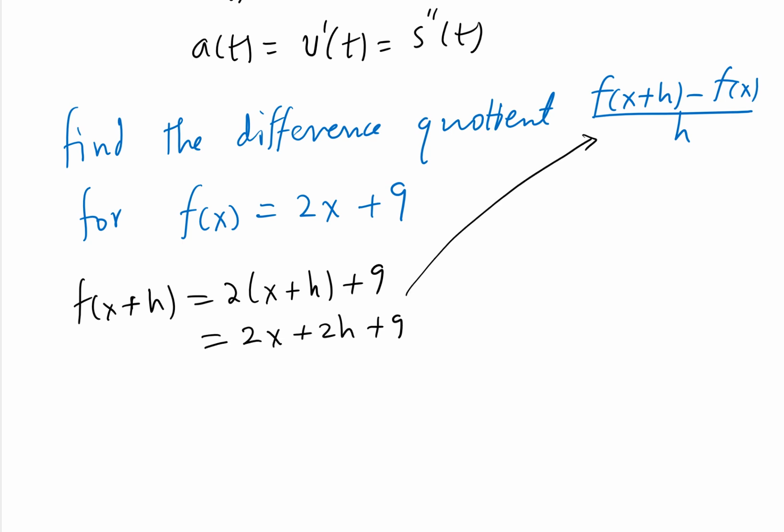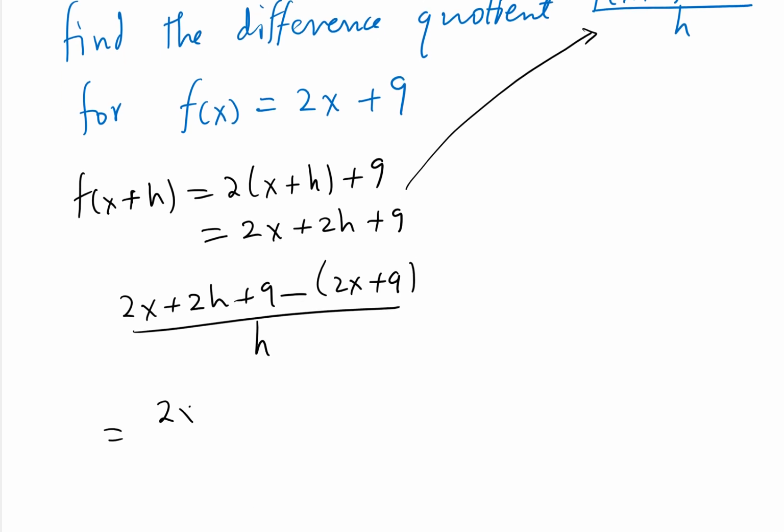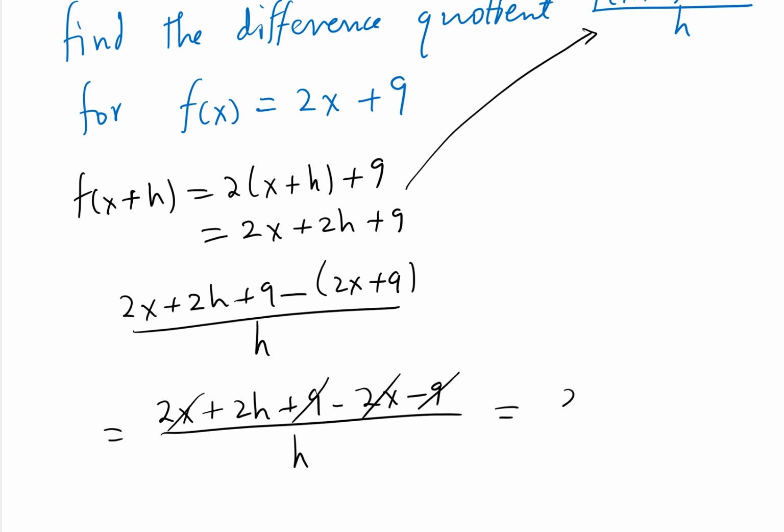Substitute all of this in there. So you get 2x plus 2h plus 9 minus the function itself all over h. That gives us 2x plus 2h plus 9 minus 2x minus 9 all over h. These cancel, so we get 2h over h. The answer is 2.